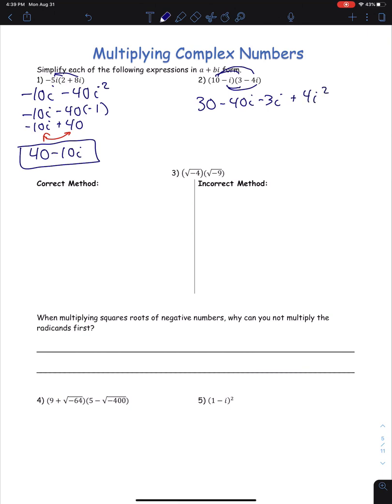Simplify what you can. 30 minus 43i, when you combine the i's, plus 4i squared is negative 1, which then makes 30 minus 43i minus 4, which simplifies to 26 minus 43i once you combine like terms.